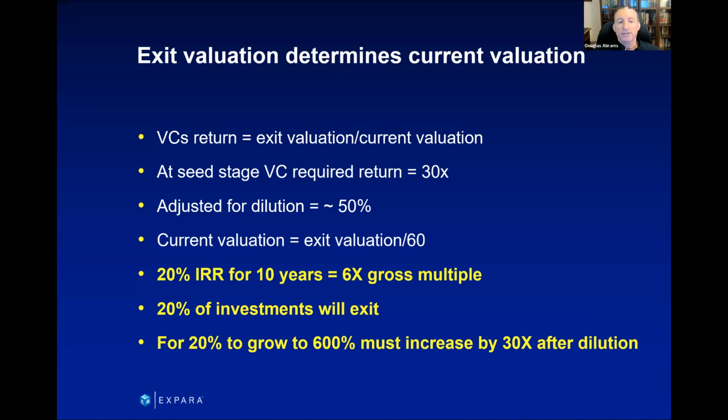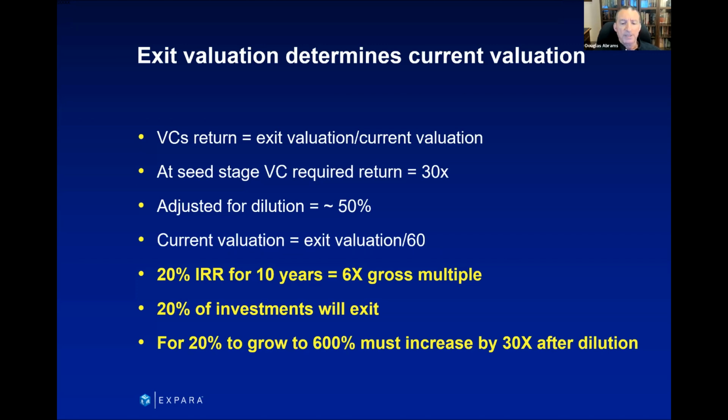And because we're going to assume dilution is 50%, it becomes even easier, because now we just need to calculate only exit valuation. So as soon as we know exit valuation or projected exit valuation, we can get the current valuation. This is the way that I always think about the current valuation.